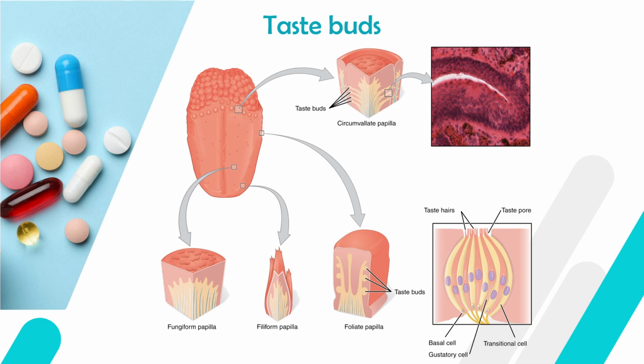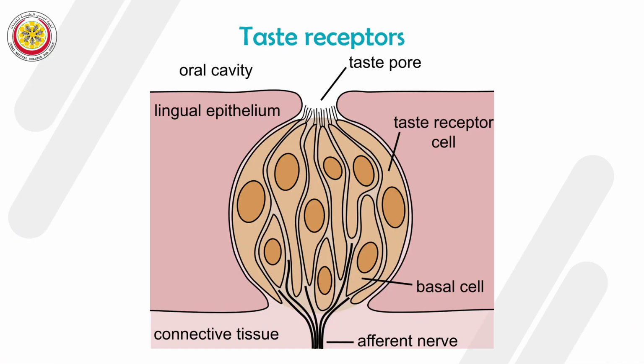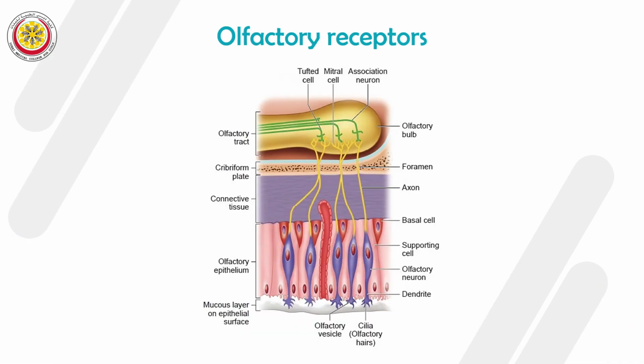So the tongue is a representation, because I told you earlier, taste is also found in the pharynx and the larynx. We have taste buds elsewhere, not only in the tongue, but this is just a representation of where we find the taste buds, and this is how they look. And then this is a magnification.